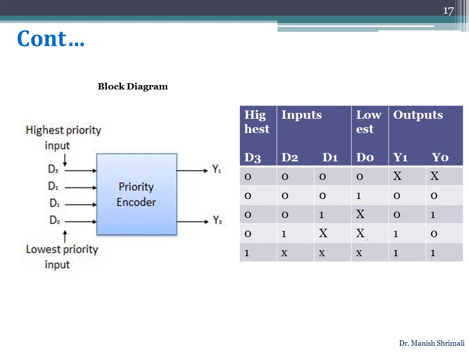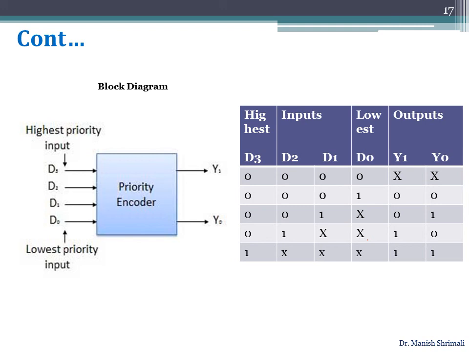You can see here when D3 is 1, it doesn't matter what the rest of the inputs are. That is why we have shown a cross in the case of D2, D1, D0. So when D3 is 1, that is the highest priority input is 1, Y1, Y0 both are 1, 1.